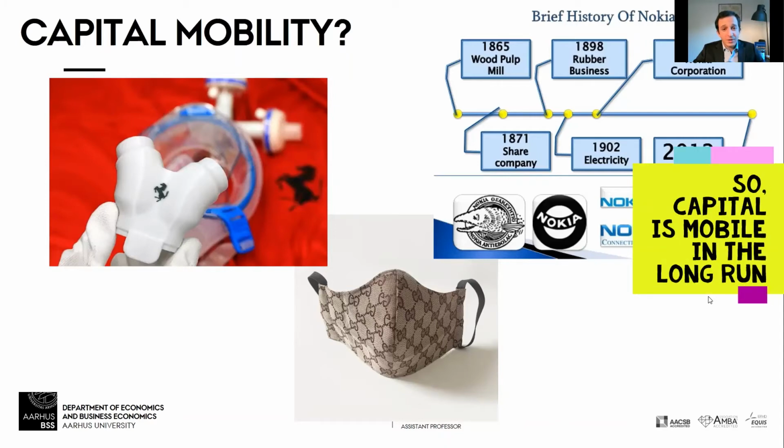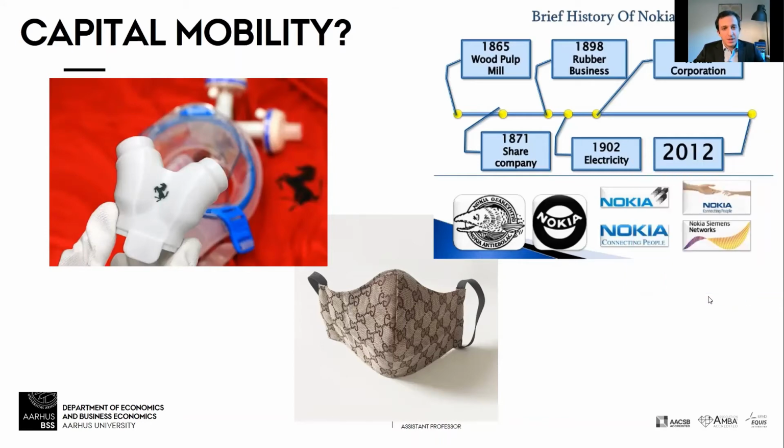Now with COVID, we've also seen other examples of capital mobility, the way we're thinking about it in this model. So the fact that capital and workers can move from the production of one good to another. So here are two Italian examples of two famous companies repurposing their production processes to produce COVID-related products.